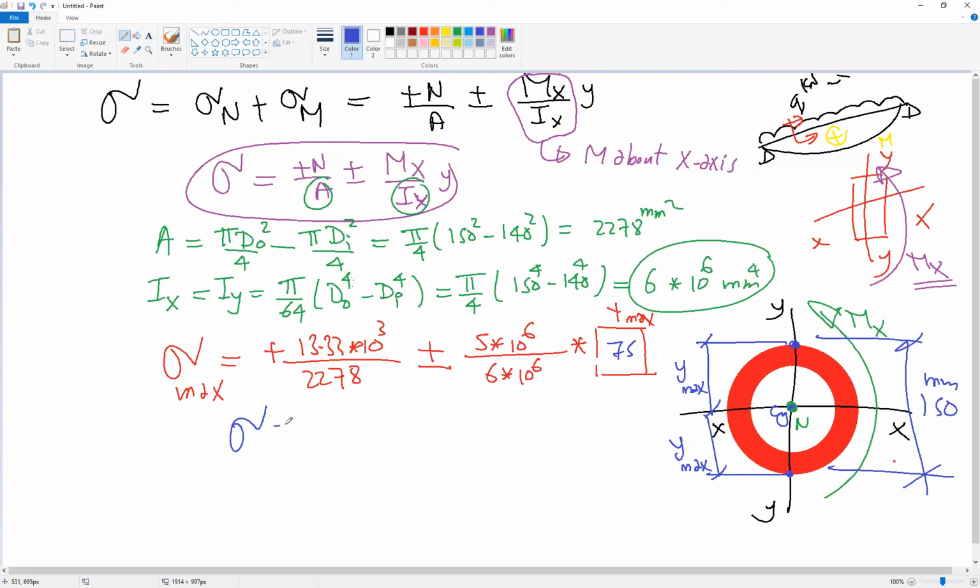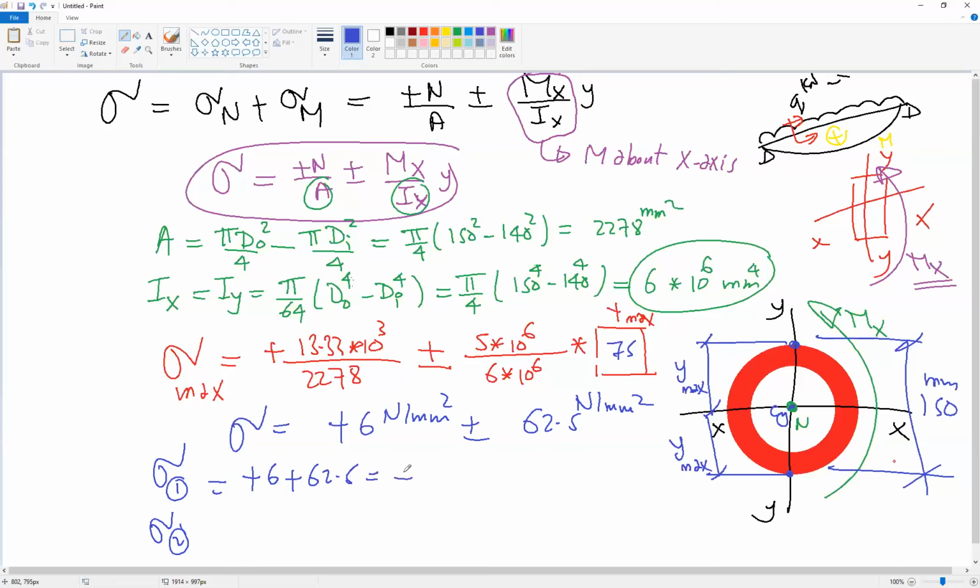This gives us that sigma equals positive 6 Newton per millimeter square plus or minus 62.5 Newton per millimeter square. So sigma 1 and sigma 2. Sigma 1 will be positive 6 plus 62.5, which gives us positive 68.5 Newton per millimeter square.